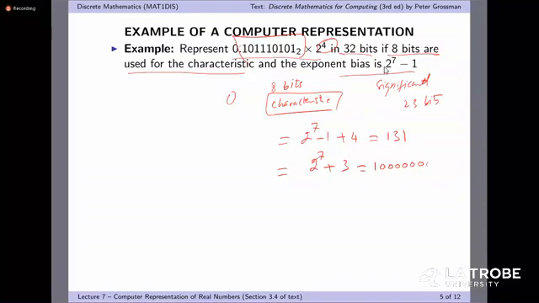Did you agree with that? That would be the number. Plus 3, which is 1, 1. You add them up, what did you get?